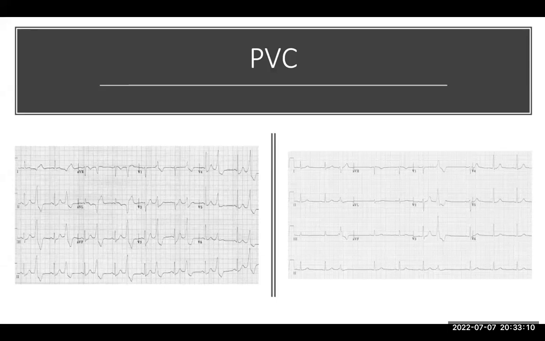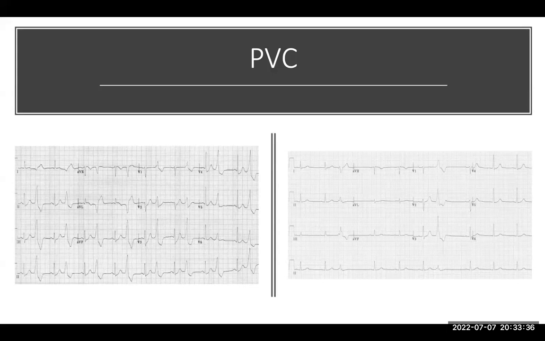Number 5, the distance between the first QRS and the PVC, and the distance to the next QRS, the latter is usually twice the earlier distance. In other words, the distance between the first QRS and the PVC is usually half of the distance between the PVC and the next QRS.